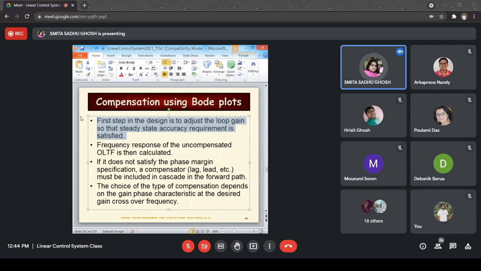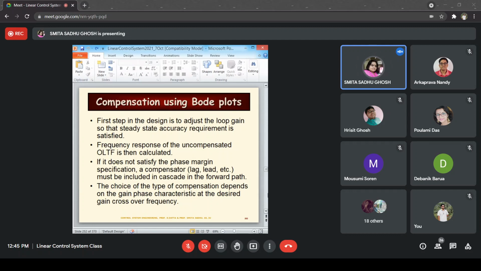Let us say the steady state error should be equal to 0. For that, you try to find out what your Kp or Kv value is going to be, and from there you can find out the system gain. In case the system gain is not specified, the transfer function of the system may be given in terms of a general gain value, that is, some k is specified.